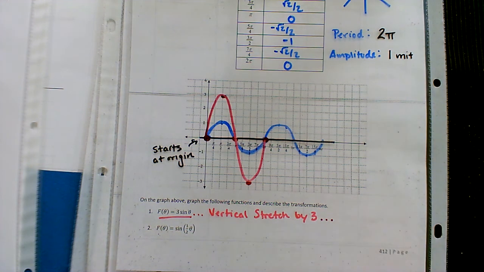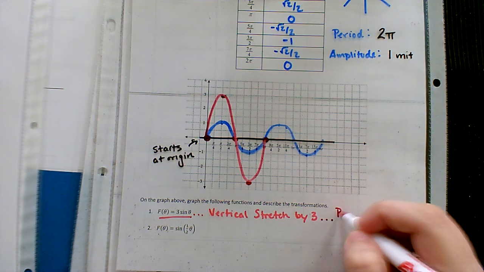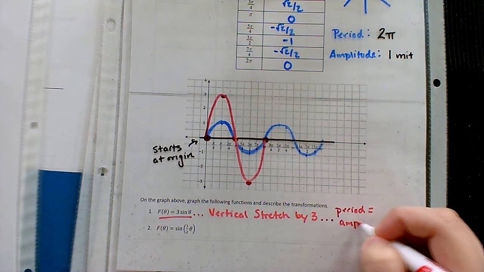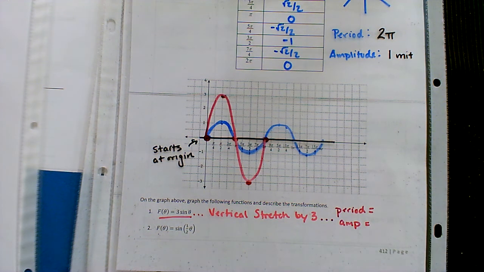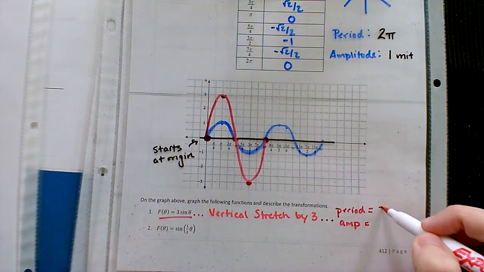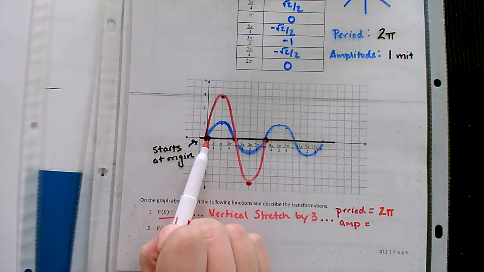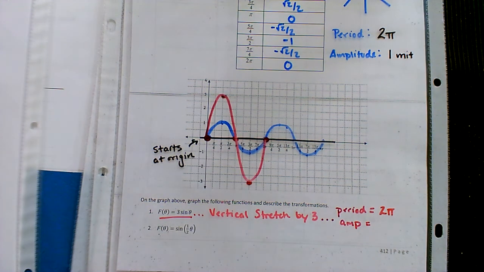Can we identify the period and the amplitude? There we go. The period is still 2 pi. We still start at the origin and we end at 2 pi for 1 full wave. The amplitude, however, was changed.